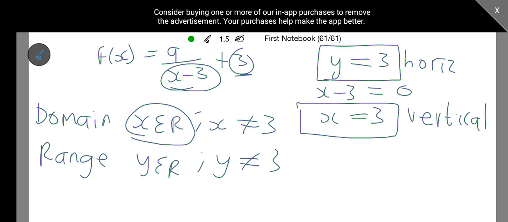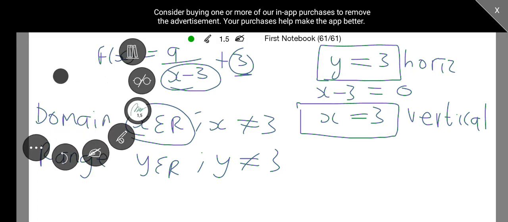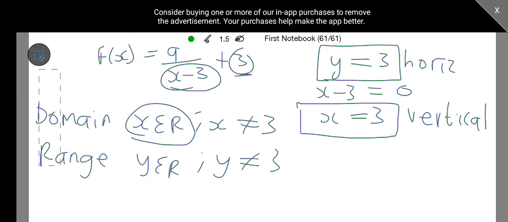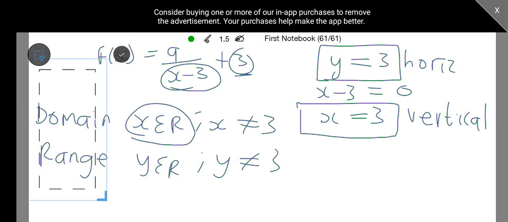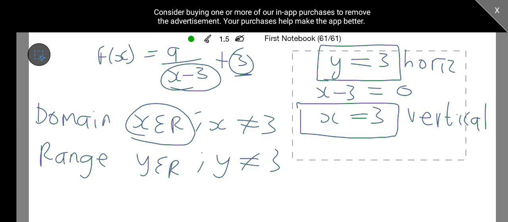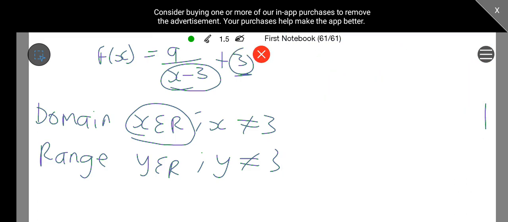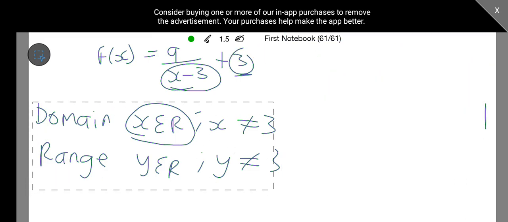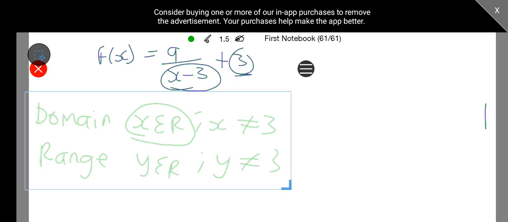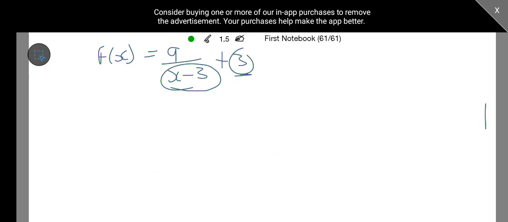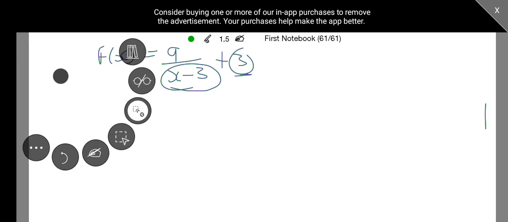Then 1.4 says sketch the graph. So we're going to sketch the graph. I'm going to erase here, and then we're going to sketch the graph. Sketching the graph won't be a big issue.